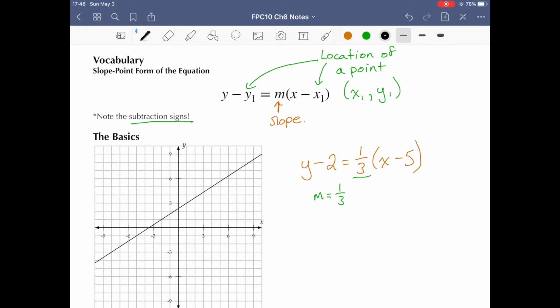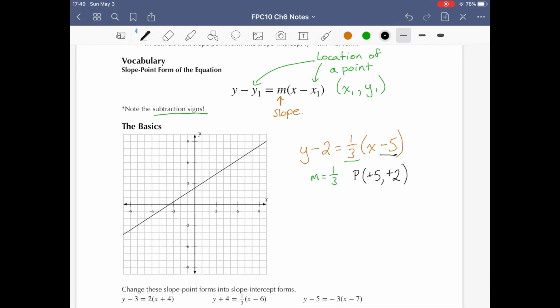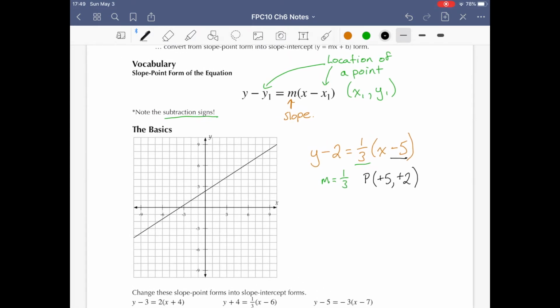And then it means we're going to have a point at plus 5 on the x. Notice how the sign switched. Negative became a positive. Same thing's going to happen here. This negative is going to become a positive, and plus 2.